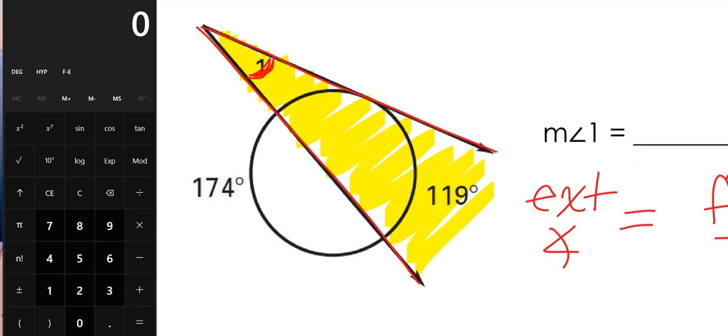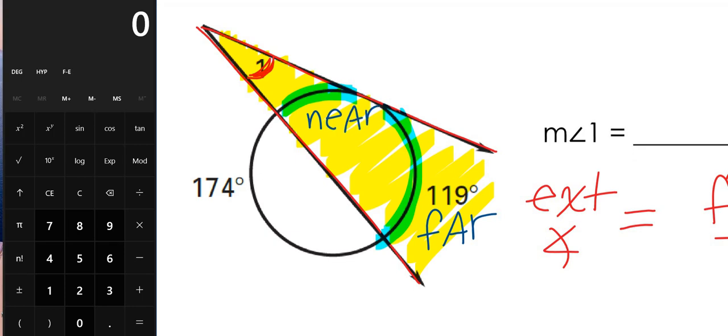My far arc is the one further away from angle 1, which would be this arc right here. So I'm going to call that far. The one that's closer to the external angle is this arc right here, which I will call the near arc.